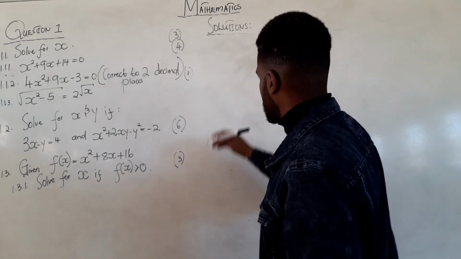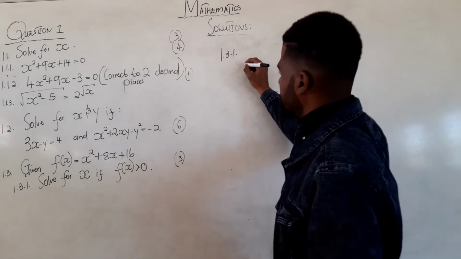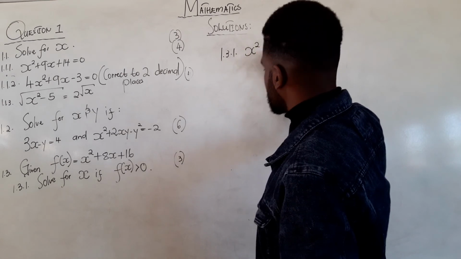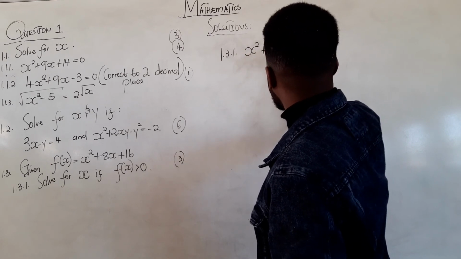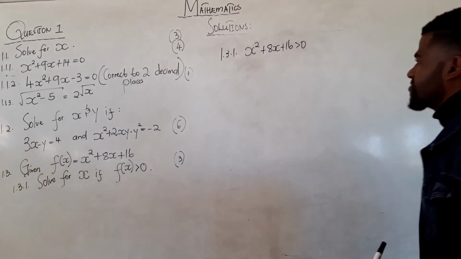Let us do this inequality, 1.3.1. Let us answer it right away. x squared plus 8x plus 16 is greater than 0.